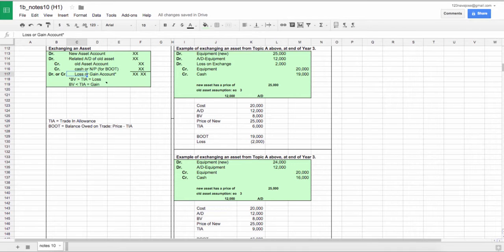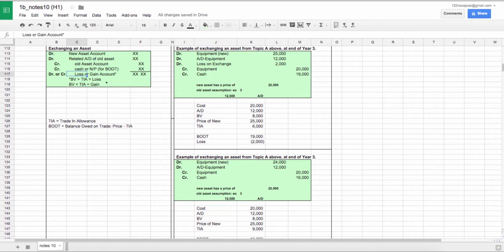Now there's a concept called commercial substance, and read the book, I don't want to get into it too much. Just to say that if it has commercial substance, then you would book all gains and all losses in the accounting for the transaction. If it has no commercial substance, then there's a different situation.